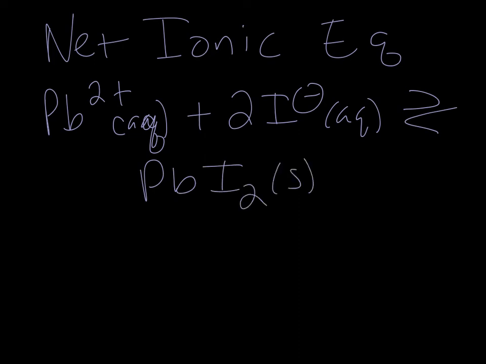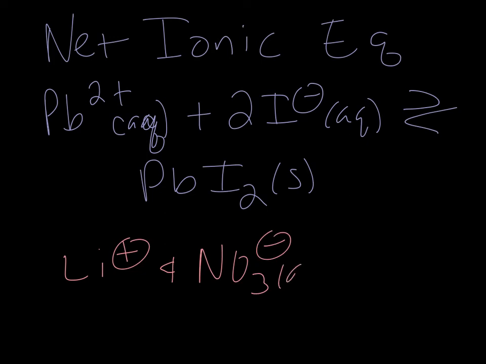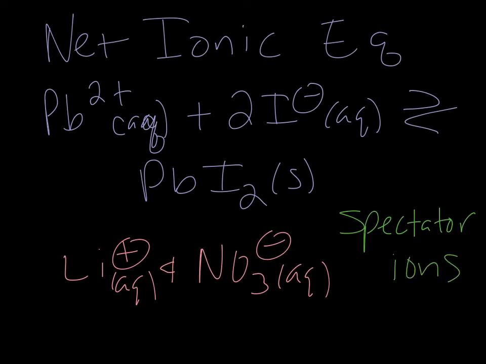Only the things that are changing from reactants to products are going to be involved in my net ionic equation. Those other compounds, lithium plus and the nitrate ion, will just both be aqueous on both sides. Those are called spectator ions. They're in solution, floating around, but they're not part of the chemical reaction that's happening.